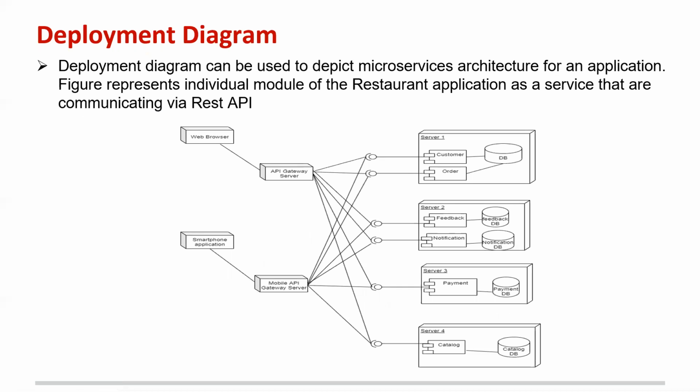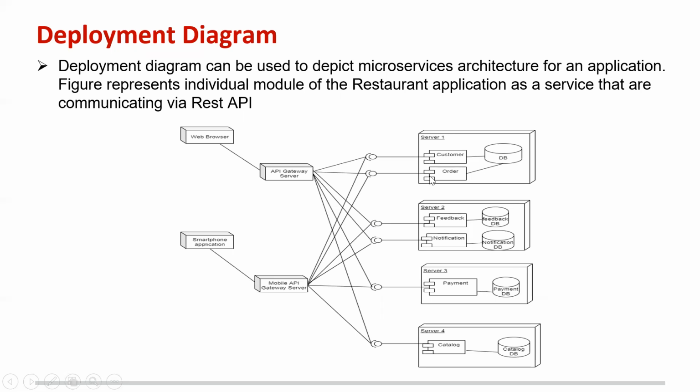And next one is the deployment diagram. In this diagram, we can see the runtime, the deployment view of the application, like how the application can be deployed, and we can make the application more efficient. We are taking the same restaurant application.